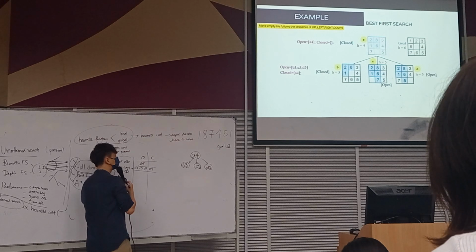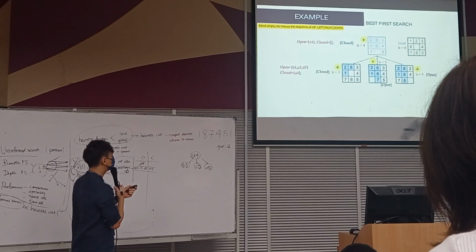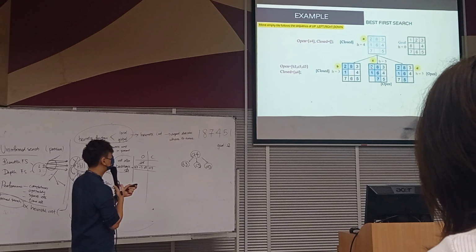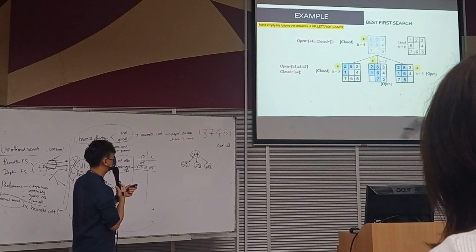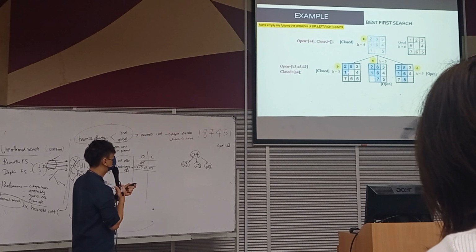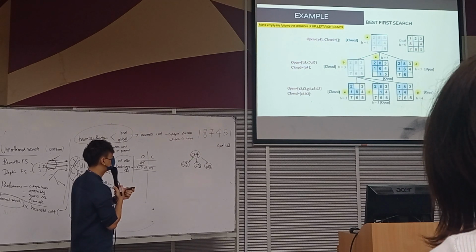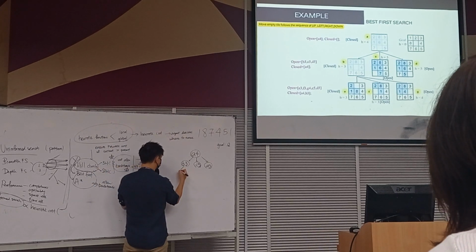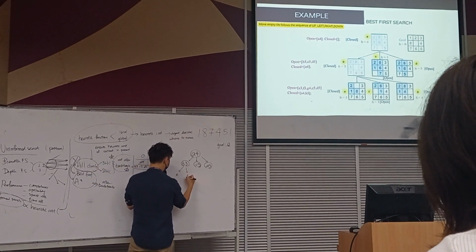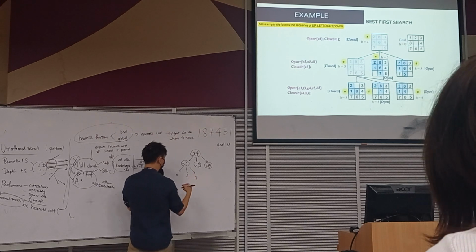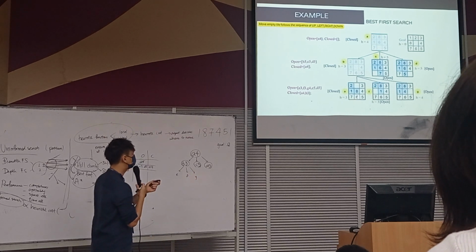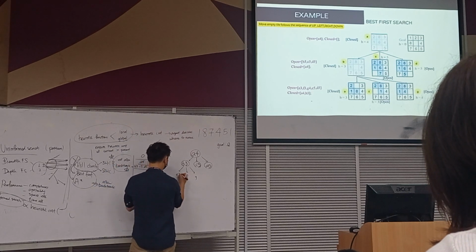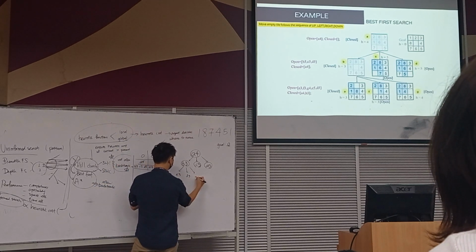So what is next? At this moment, you have a center point here. You can move up, left, right, and down, but down you cannot, because if you move down, it's back to the original state. So there are three movements: up, left, and right. I give the states E, F, G. Calculate the number of wrong tiles for each: 3, 3, and 4.